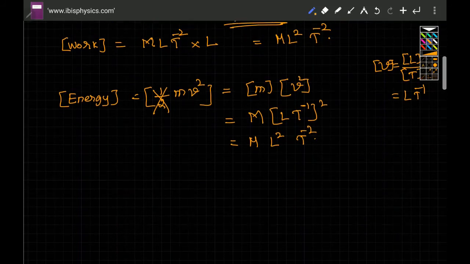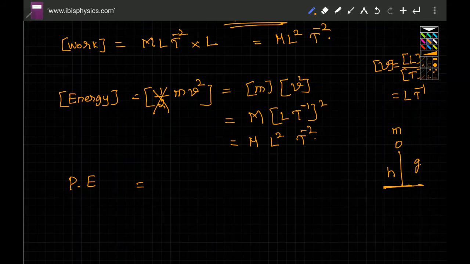Let's talk about potential energy, gravitational potential energy. Suppose an object is at a height h from the surface of the earth, its mass is m, and the gravitational acceleration at that point is g. Then the potential energy is mgh. Dimensions of potential energy are dimensions of mass, dimensions of gravity, and the height.